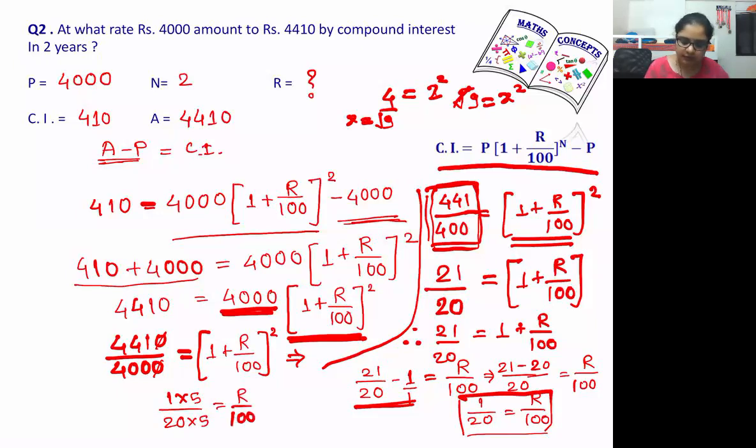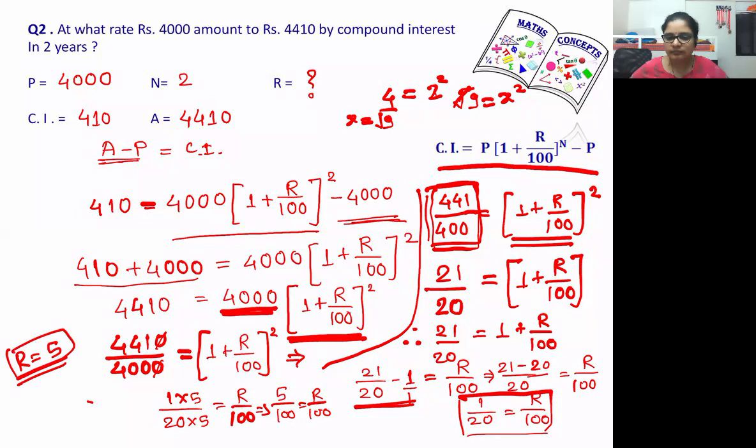This gives me 5 upon 100 equal to r upon 100, which means r is equal to how much? 5. So the rate of interest will be 5% per annum.